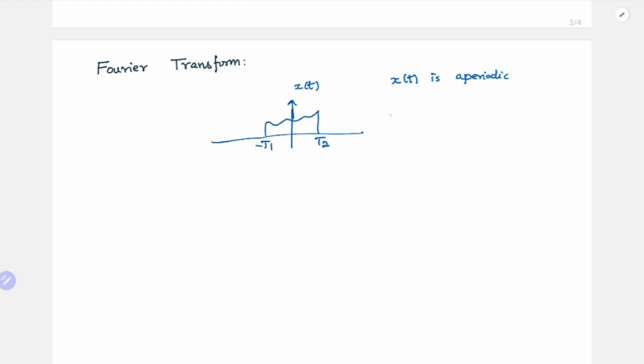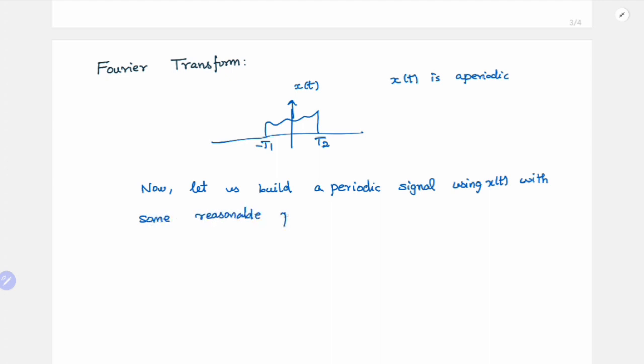Okay. Now let us build a periodic signal using x of t with some reasonable period T such that its structure is not lost.